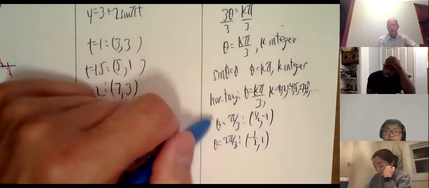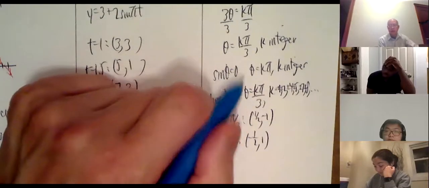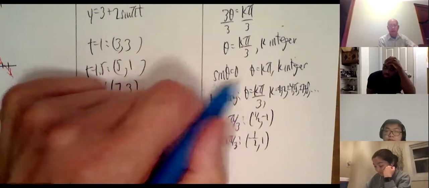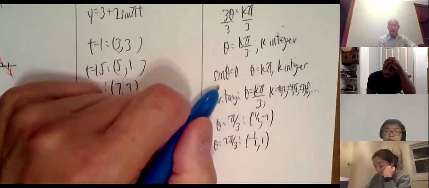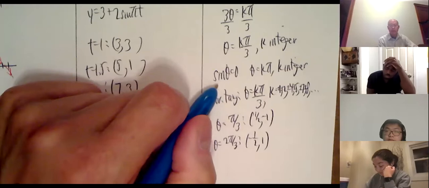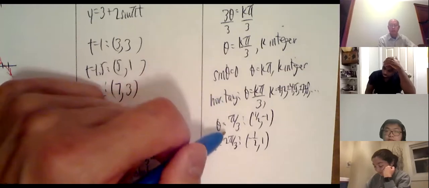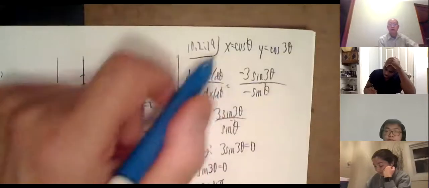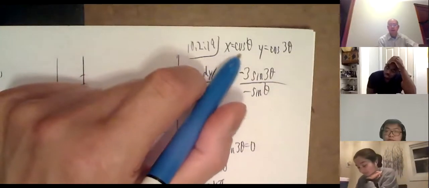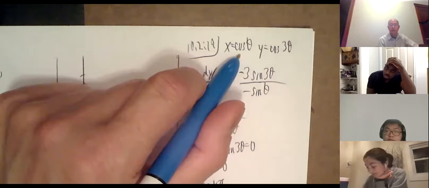Okay, so again, I'm not doing 3 pi over 3 because that makes the top and the bottom 0. So I'm not going to declare any vertical tangents for this particular one. Okay, 4 pi over 3. Let's see what happens at 4 pi over 3.